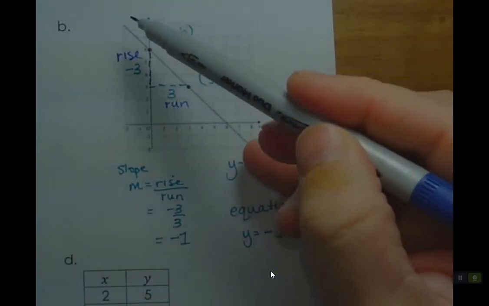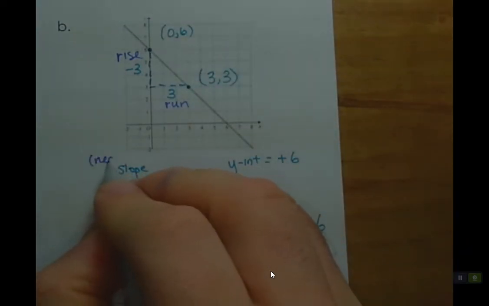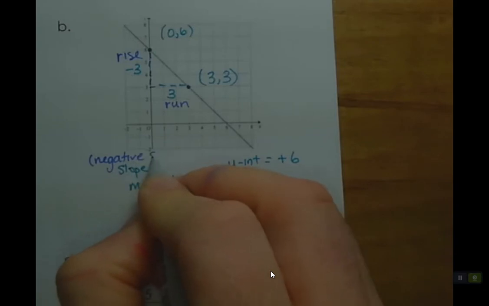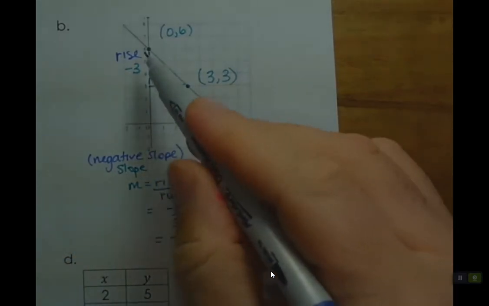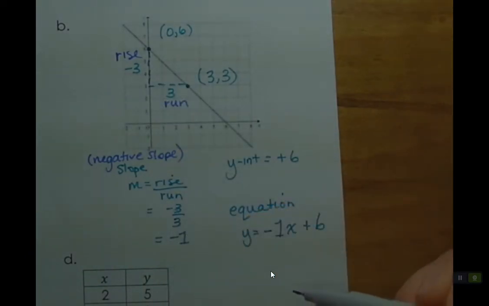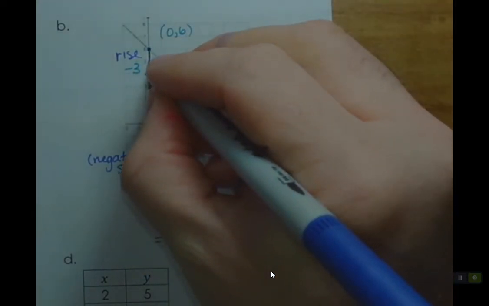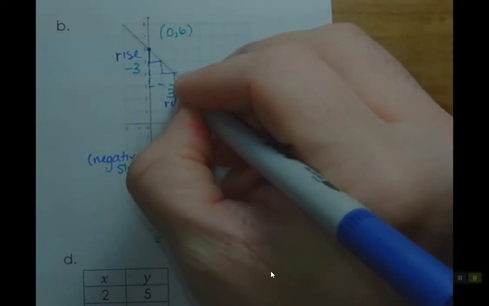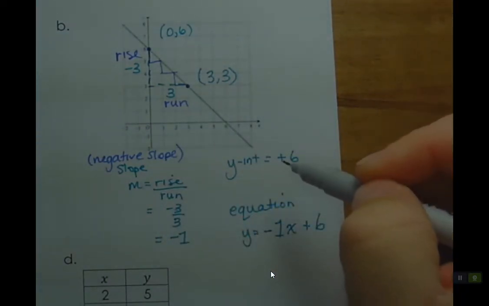And before, we knew that this line was decreasing, so this had to be a negative slope. I know I went down 3, run a 3. Well, if I was reducing that fraction, it's the same as doing 3 little steps of 1 over 1, and that's where I got the -1.